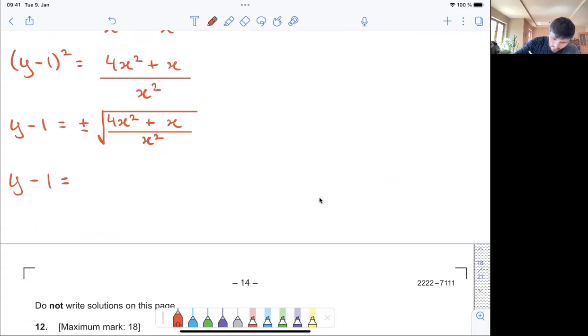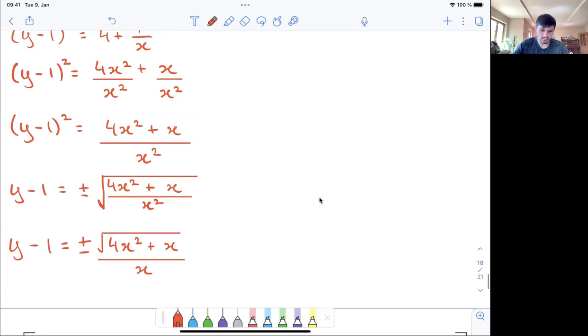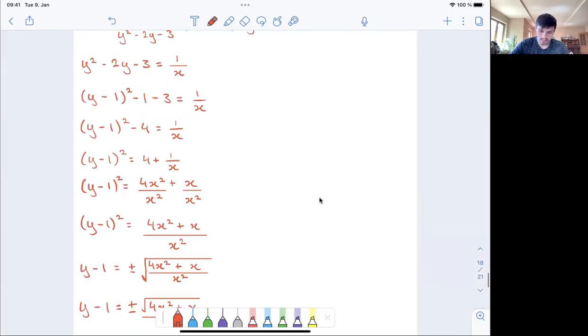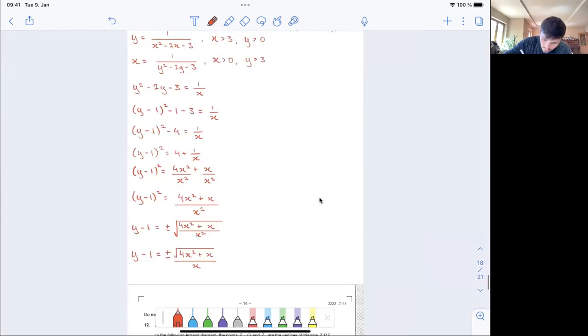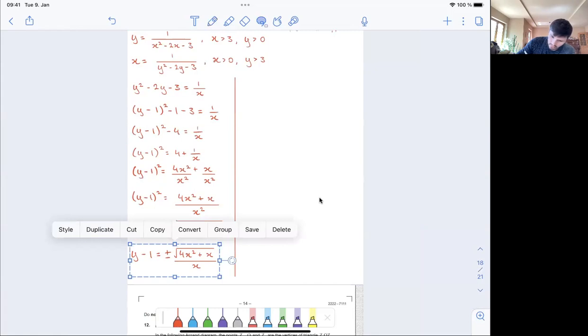So then I can say y minus 1 is equal to... in fact, we'll do 2 steps here. This is equal to the square root of 4x squared plus x over x. Now let's work off to the right here, draw a margin, bring this over, and copy the same step up to the top here.